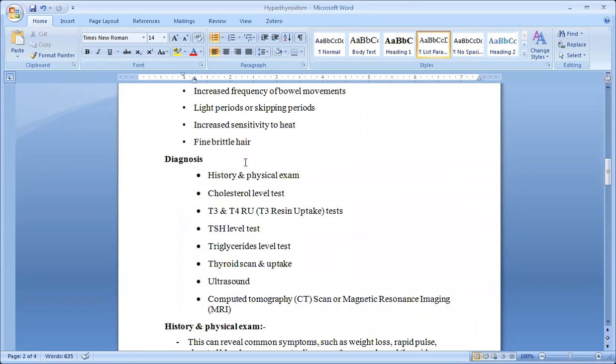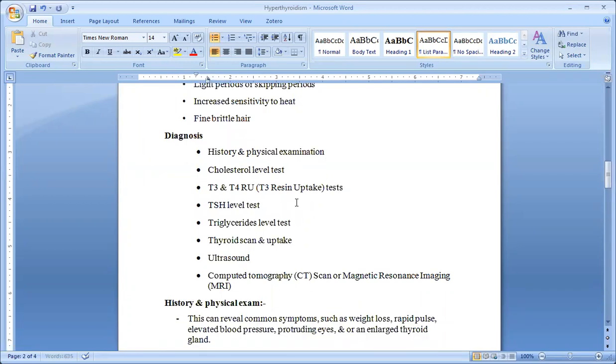Diagnosis. Which are those diagnoses? Actually, the physical examination. First, the doctor will take the history and do a physical examination. Cholesterol level test, we have to check that. We will see in detail. T3, T4 resin uptake test.